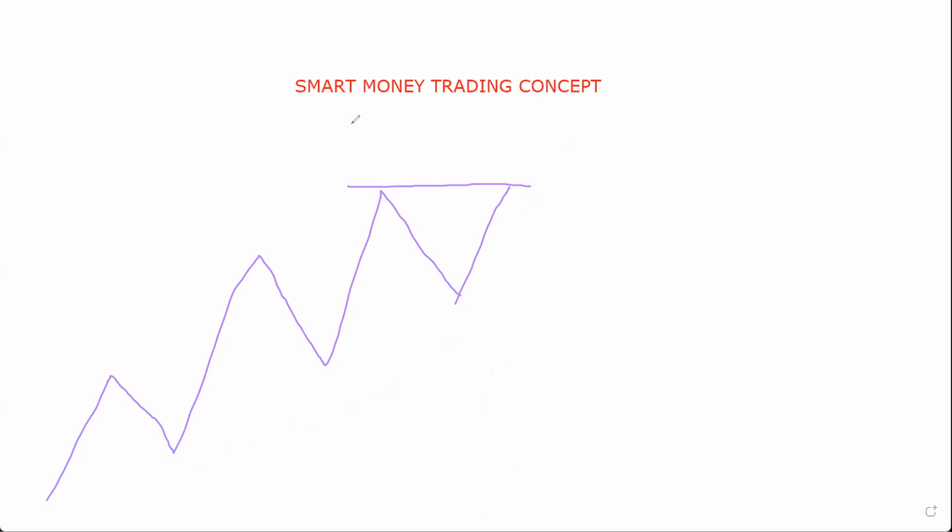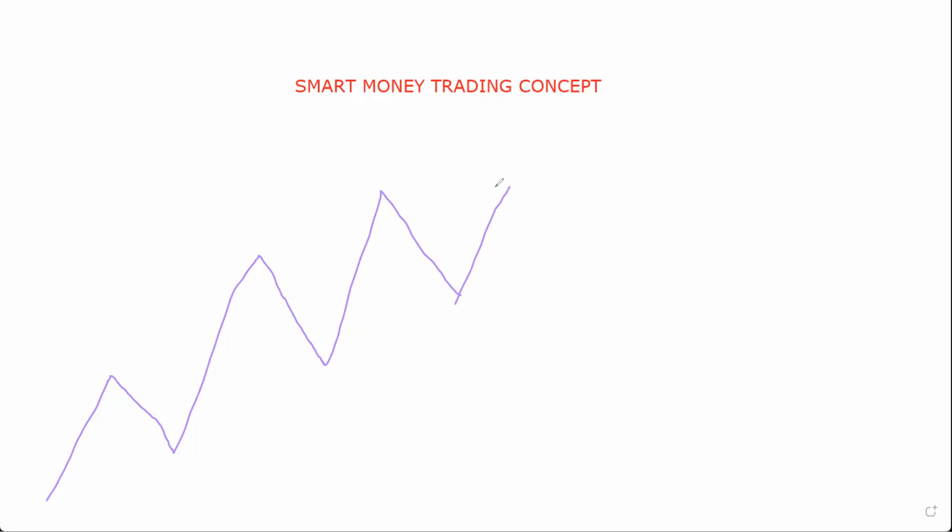Now, the next point is, what areas will I be interested in looking for buying opportunity? Just because the trend is bullish, or the market is making higher highs and higher lows, or an uptrend, doesn't mean everywhere is a good place to buy. For instance, just because I'm interested in buying this market because it's bullish, doesn't mean that I want to buy everywhere I see.